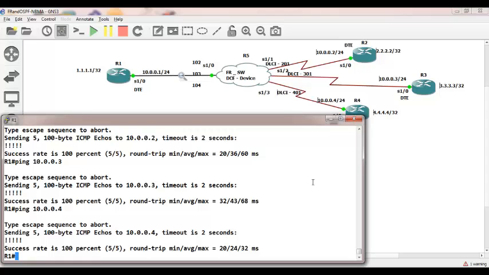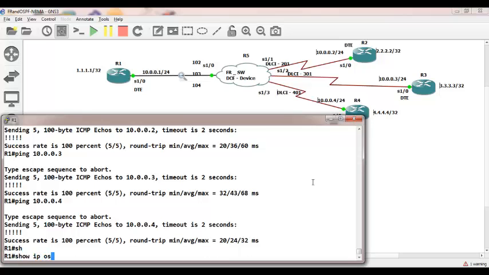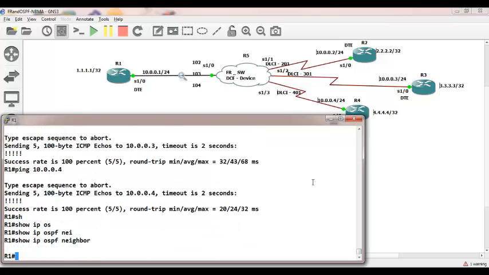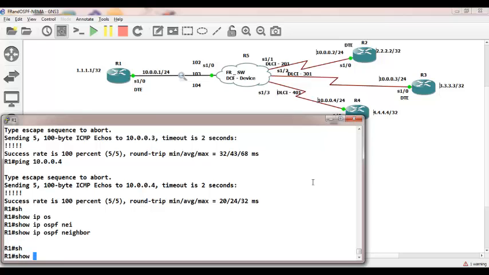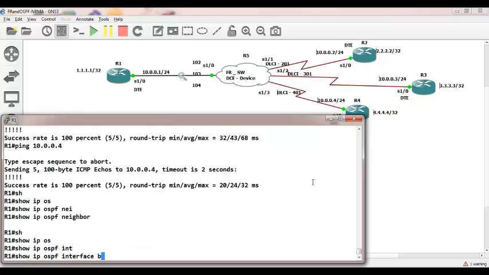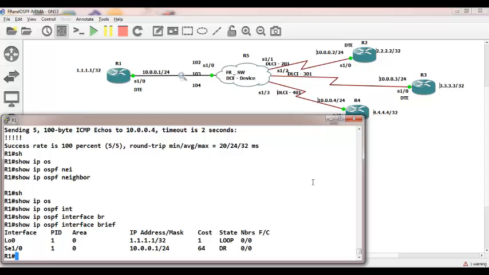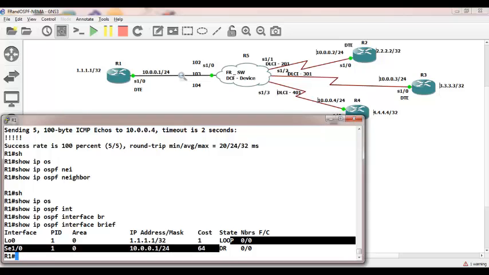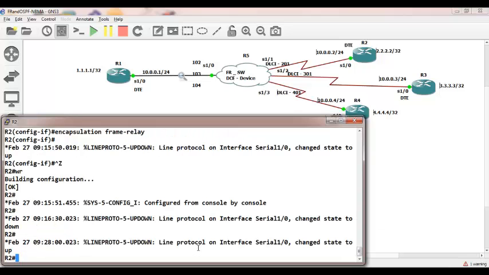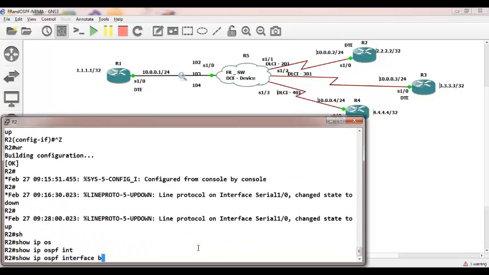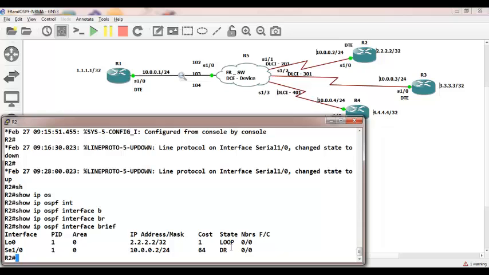Show IP OSPF neighbor, no neighbor. But OSPF is running on every router. Let us see, show IP OSPF interface brief. It runs on all the interfaces. And everyone is claiming themselves as DR. Let me show you on the other routers. Router 2, show IP OSPF interface brief. Router 2 also says I am running OSPF, I am a DR. Router 3 will also say the same.